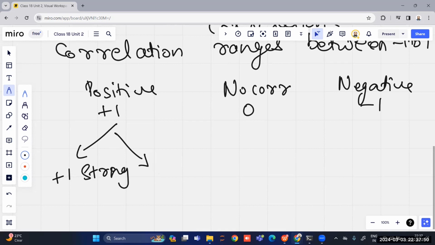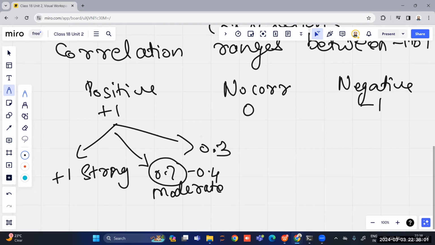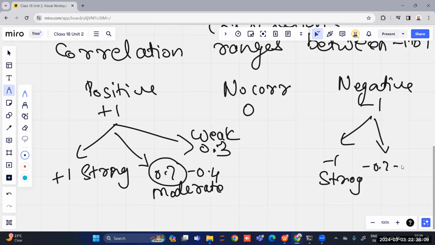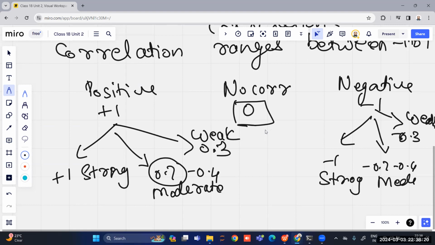Around 0.7 to 0.4, it is moderate, and less than 0.3 it is called weak. It is the same with the minus values: -1 is strong negative, -0.7 to -0.4 is moderate, and below -0.3 it's weak. When the value is zero, we say there is no correlation.